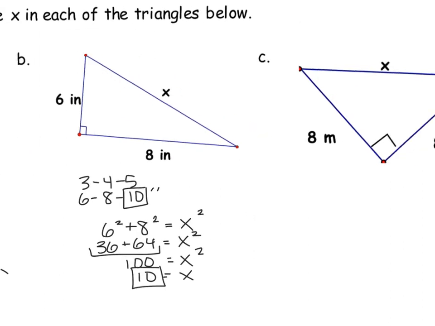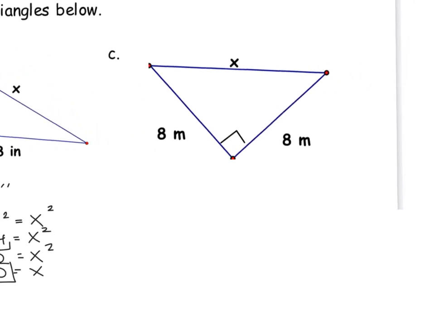Our last one is actually a special triangle. It's a 45, 45, 90. So you might remember that that gives you 8 root 2 as the hypotenuse. Or again, you could use 8 squared plus 8 squared equals x squared. Remember, again, a and b are our legs, c is our hypotenuse.